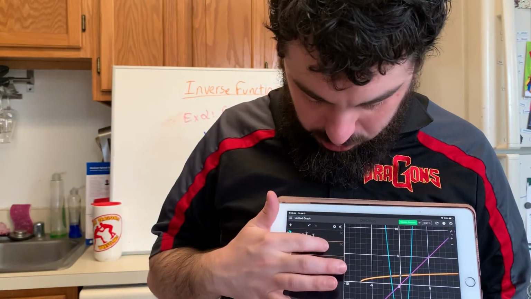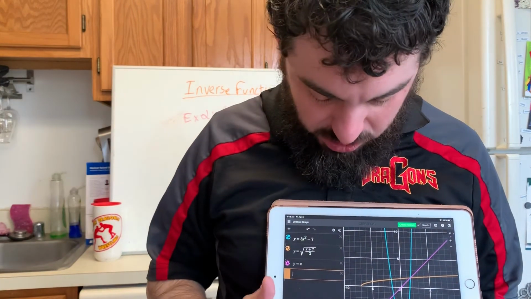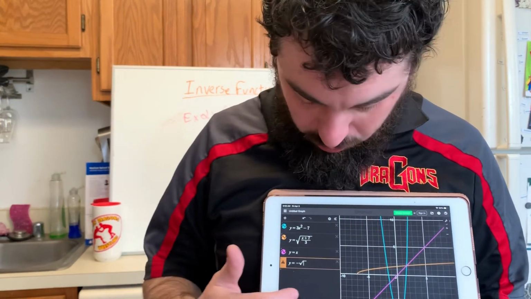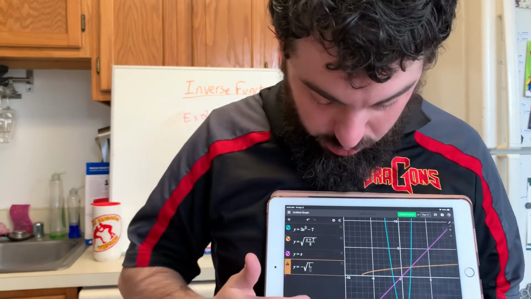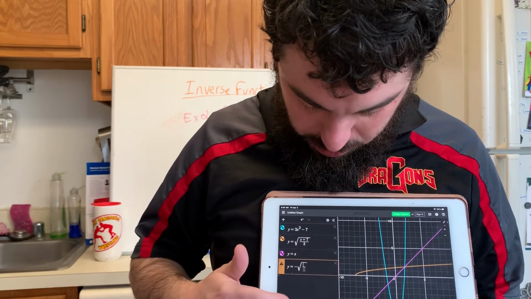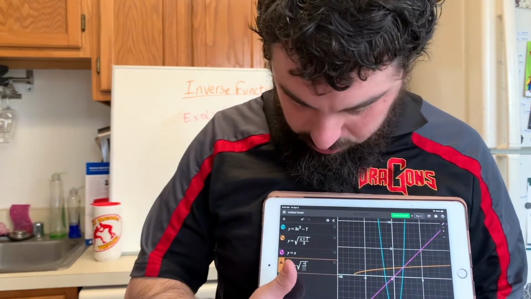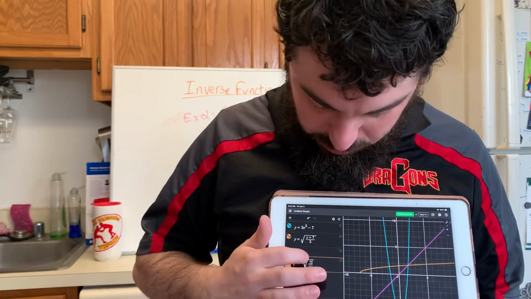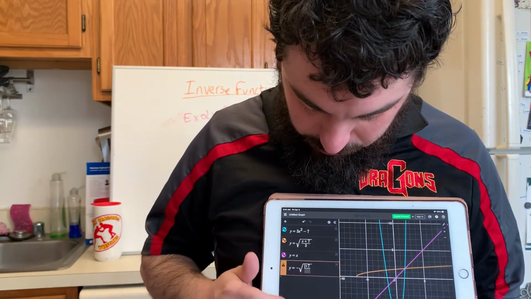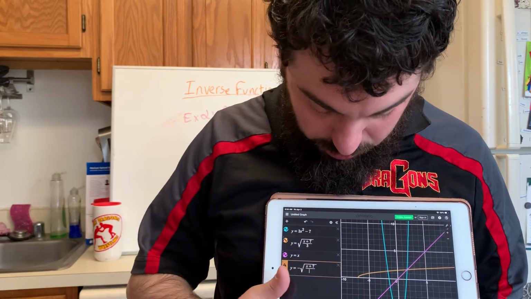What I'm going to do is retype this with a minus sign in front to give the other half of the shape. So negative square root of x plus 7, all over 3.